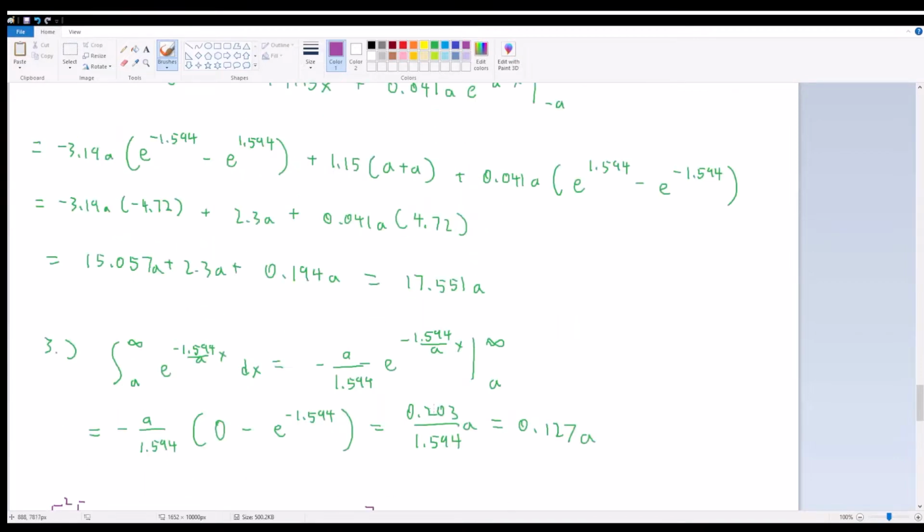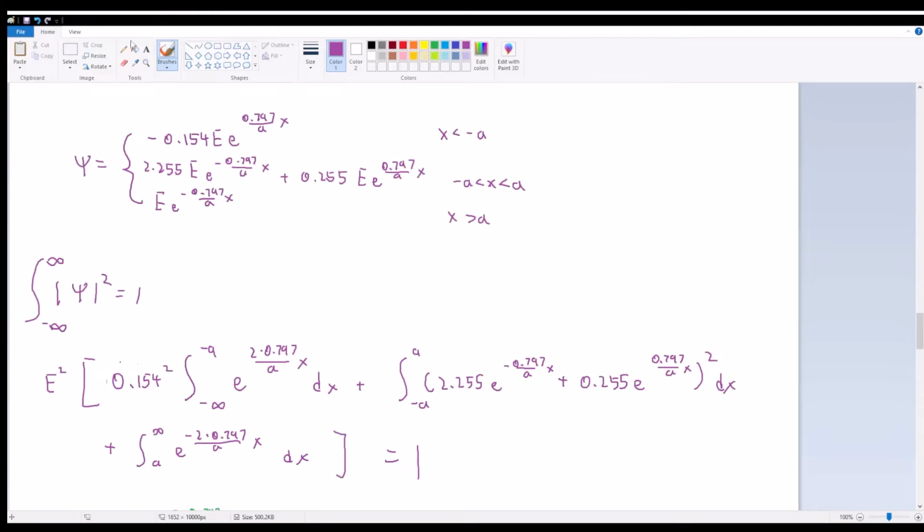And now we have our value for e, so we go back to the original setup right here.